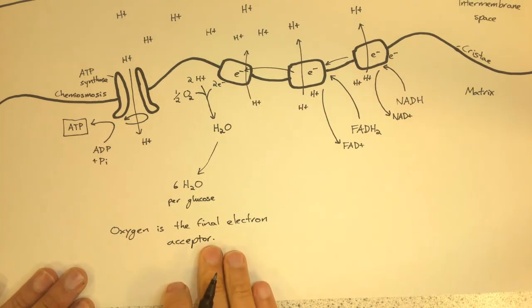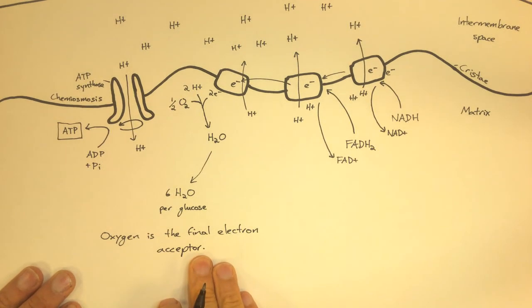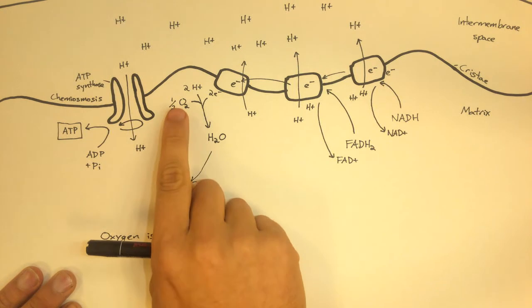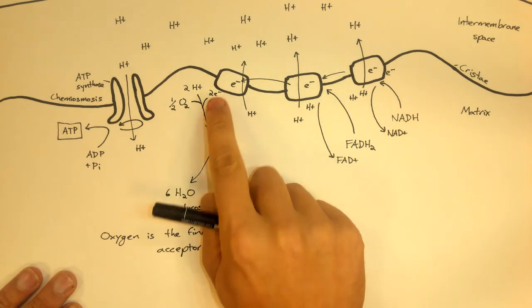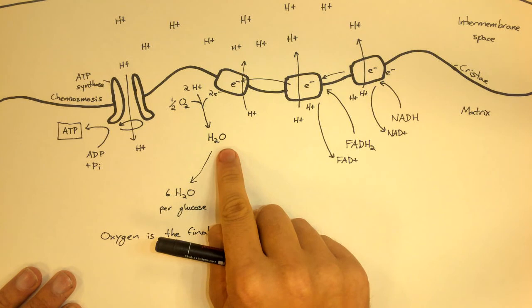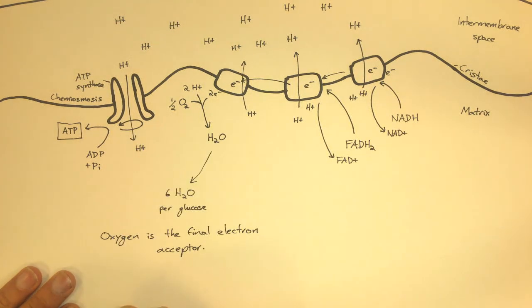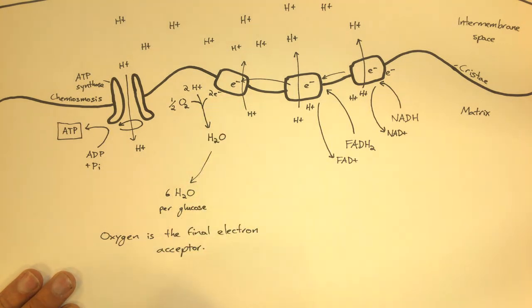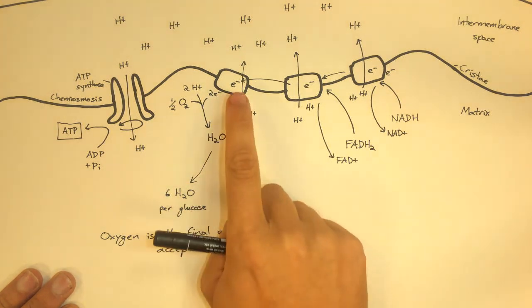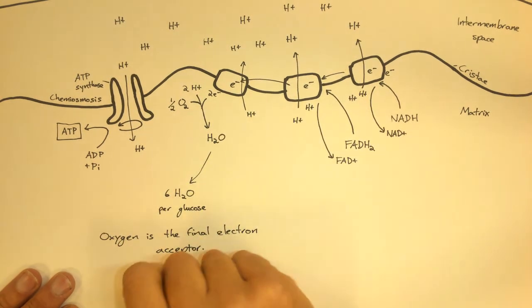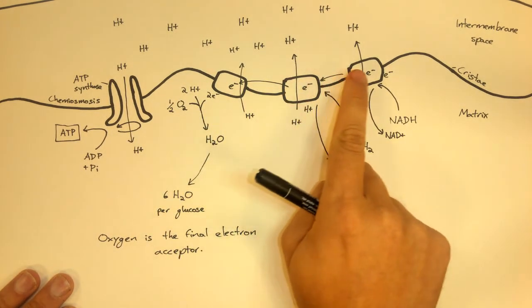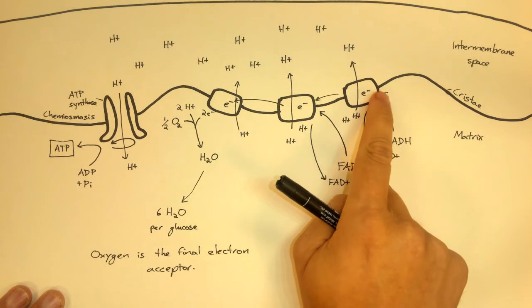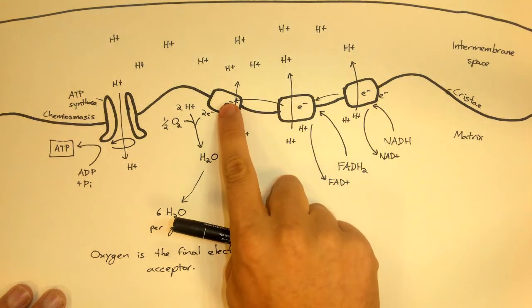And this is critical to sustain life. You need the oxygen to pick up these electrons and form water. So why is it so deadly if we can't breathe? If we can't get enough oxygen to our mitochondria, the oxygen won't pick up the electrons. If electrons are not picked up at the end of the electron transport chain, then there will be a build-up in the electron transport chain, and electrons will no longer be able to flow down it.